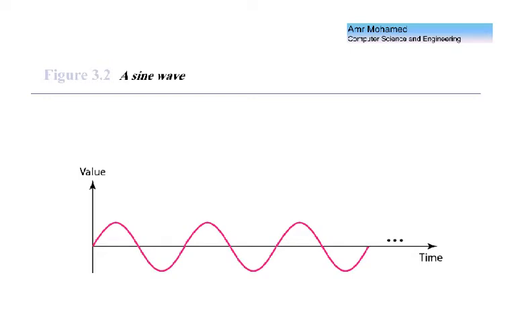Peak amplitude meaning that this is the maximum amplitude that the signal takes at any point in time. And the period, which is the actual cycle duration. So the cycle duration, the peak amplitude, and the phase.